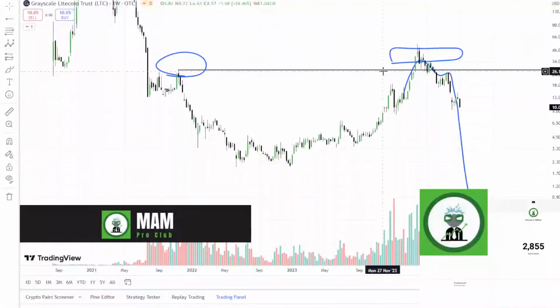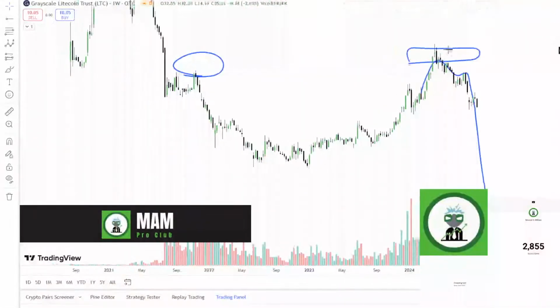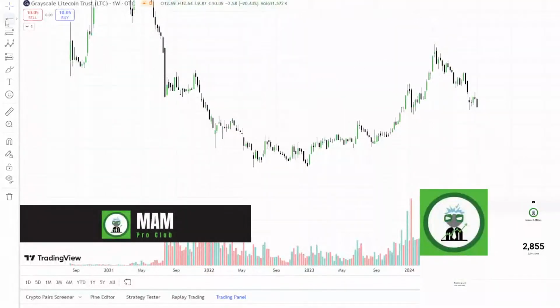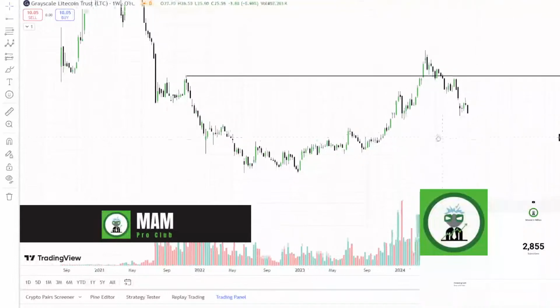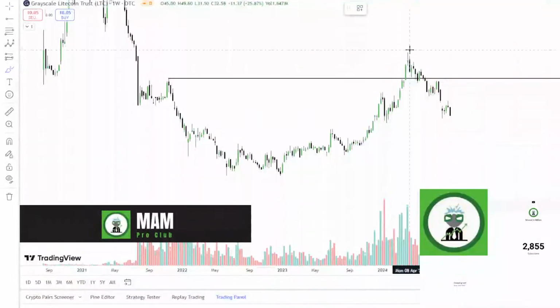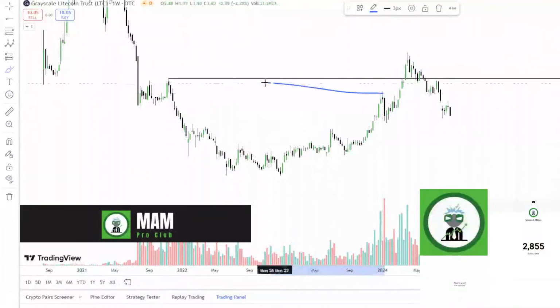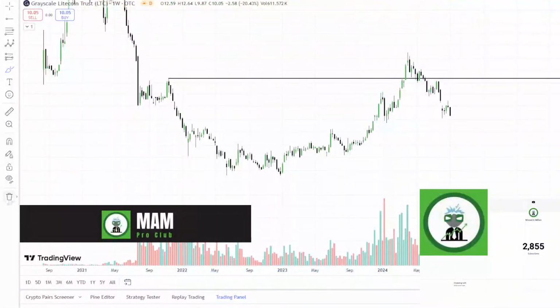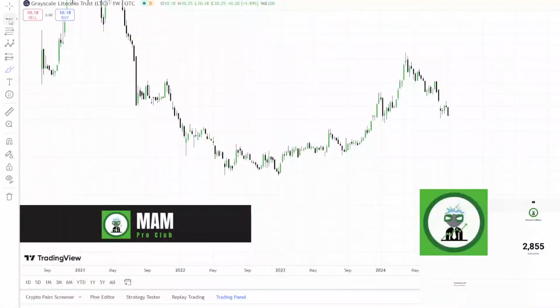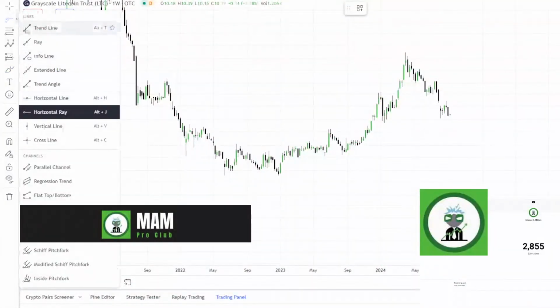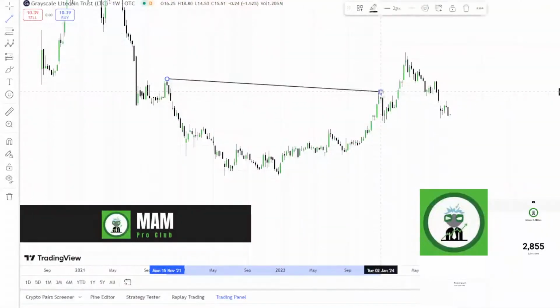A cup and handle is a potential reversal pattern. If this was going to be a cup and handle pattern, this is quite high to go above your cup. Usually you'd say the cup would be like that, or hang on, that's your cup and that's your handle.